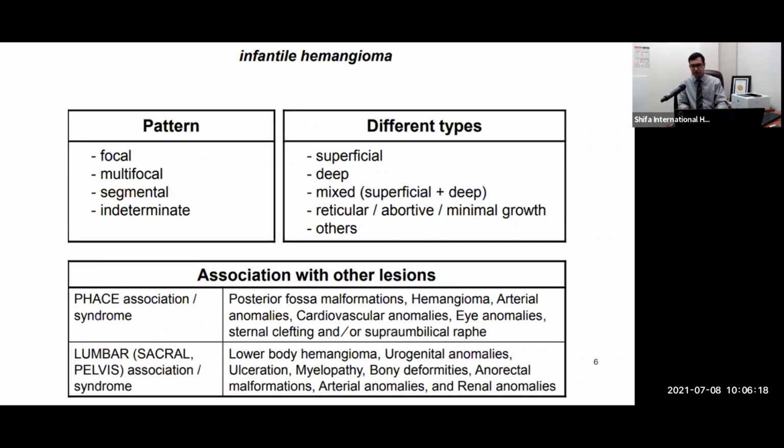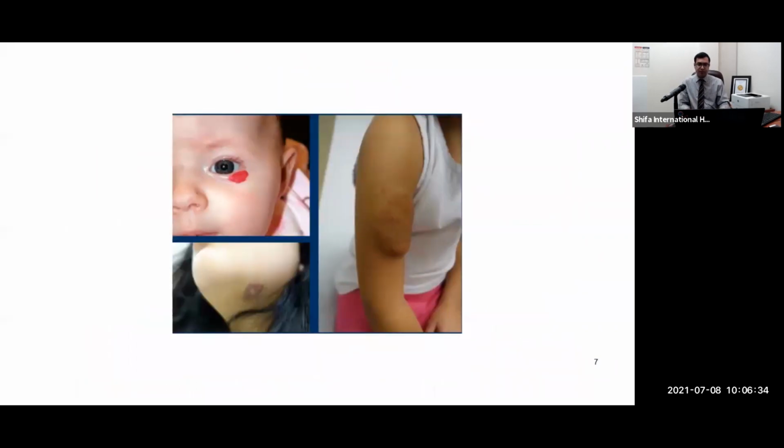And then associations. So PHACE syndrome, we will talk about that later. Lumbar, sacral, and pelvic or PELVIS syndrome, they are slightly rare, but please do consider them in your differentials when you're looking at vascular birthmarks, including hemangiomas. So these are the sort of more common ones.